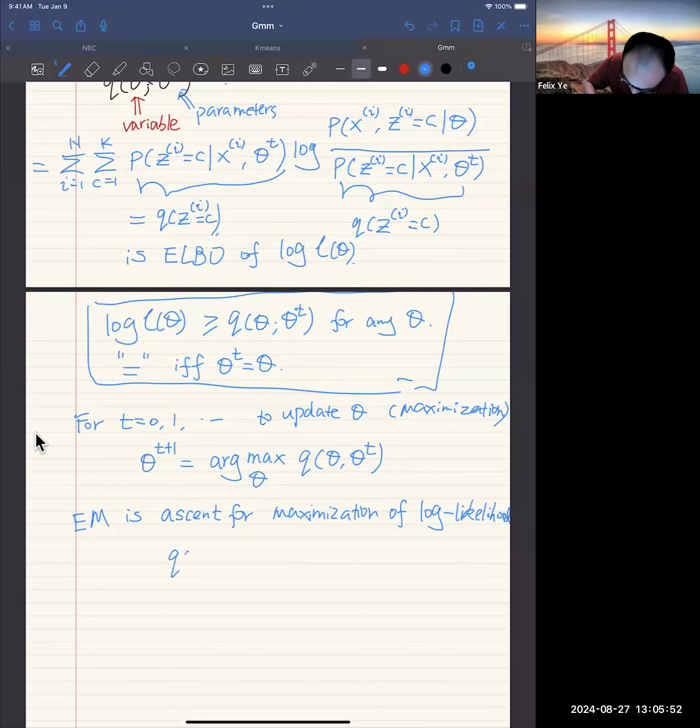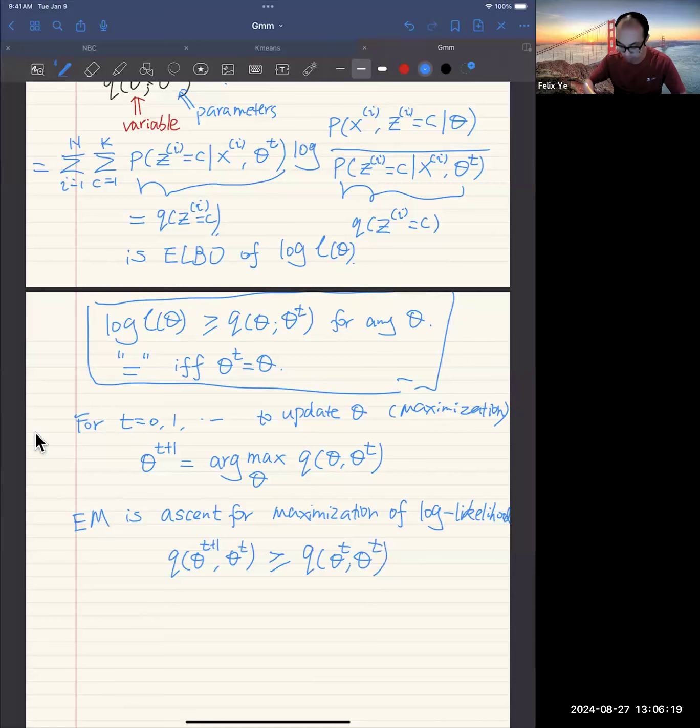Q of theta t plus 1 and theta t, since we maximize with respect to theta, is bigger or equal than Q of theta t and theta t, right?